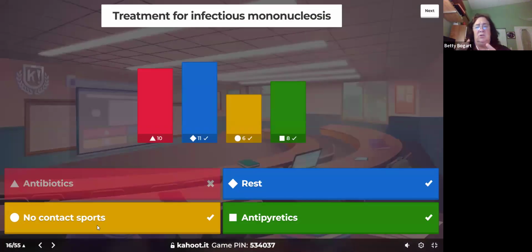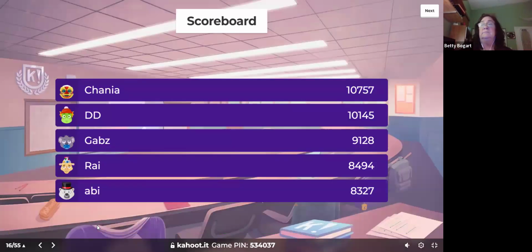And we are going to make sure, remember, it's a virus. Remember, Epstein-Barr virus. It's a virus. So, not antibiotics. It's rest, antipyretics for the aches and pains and fever, and protect that abdomen. Or you could be like that little boy, fall off the ATV, and he's no longer with us.